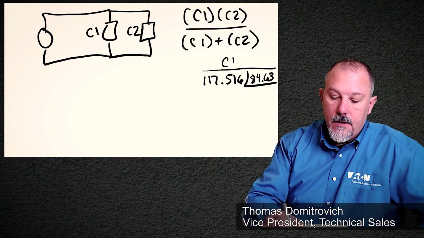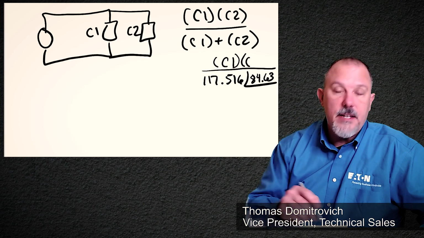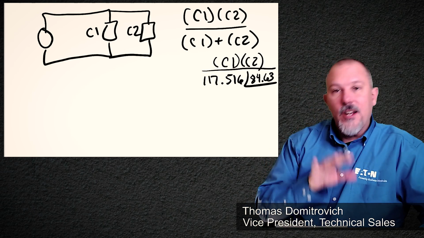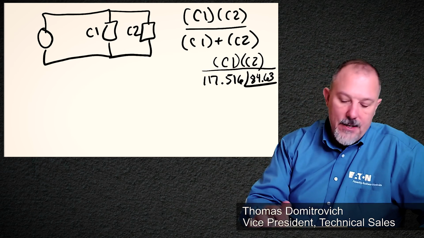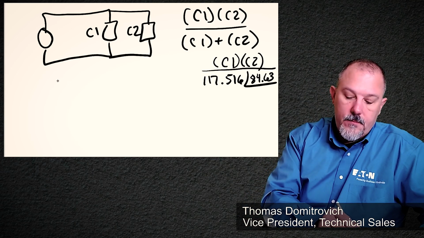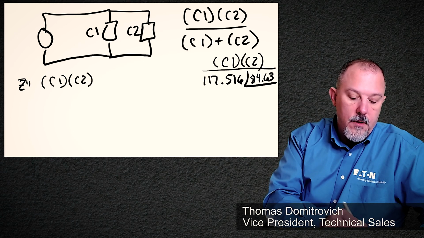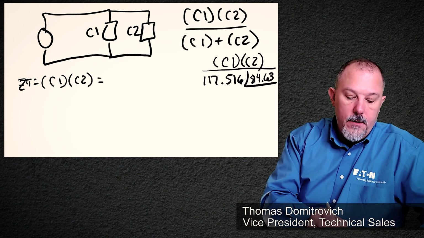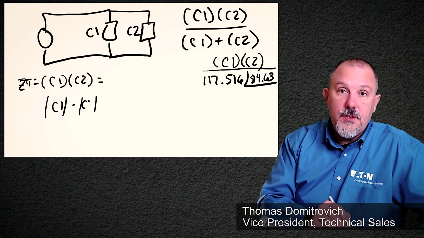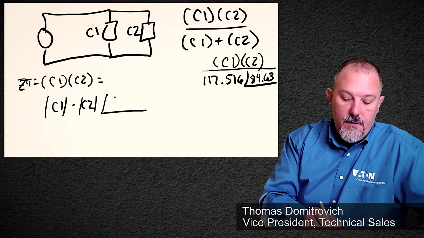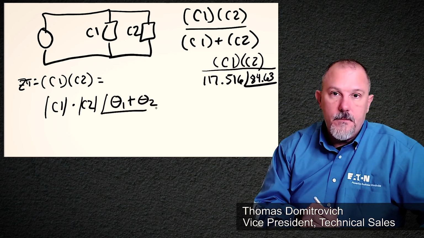But how do we multiply C1 and C2? So I'll tell you a trick. Complex variables tells us that C1 times C2, Z total, is equal to the magnitude of C1 times the magnitude of C2 at an angle of theta 1 plus theta 2.